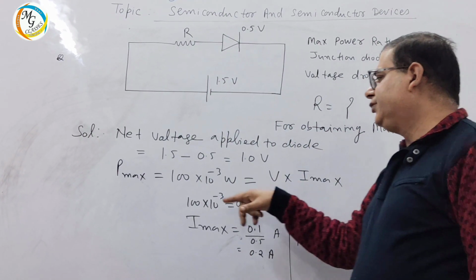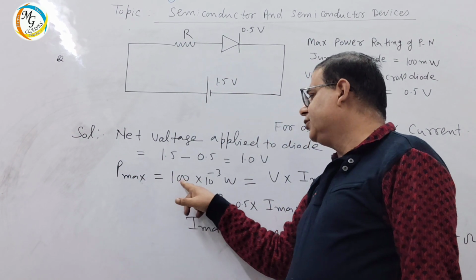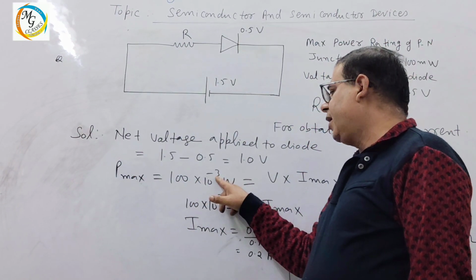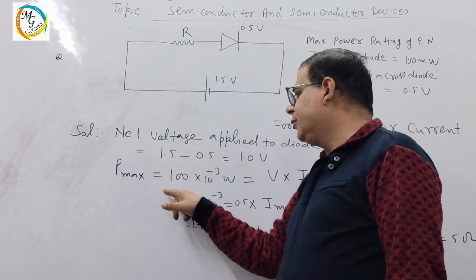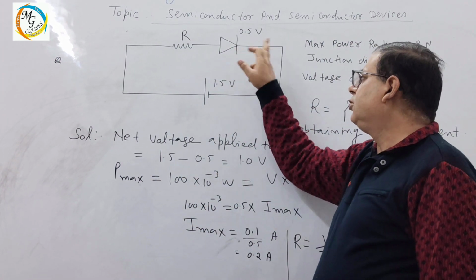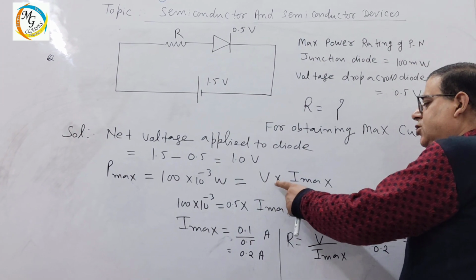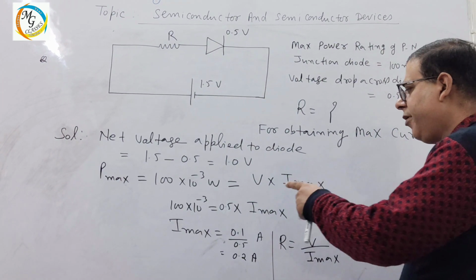After that, let us find out what amount of current is flowing through this p-n junction diode. It is stated that the maximum power rating of this diode is 100 into 10 to the power minus 3 watt. So for this much power, the current that has to flow through this diode can be calculated: power equal to voltage into current.